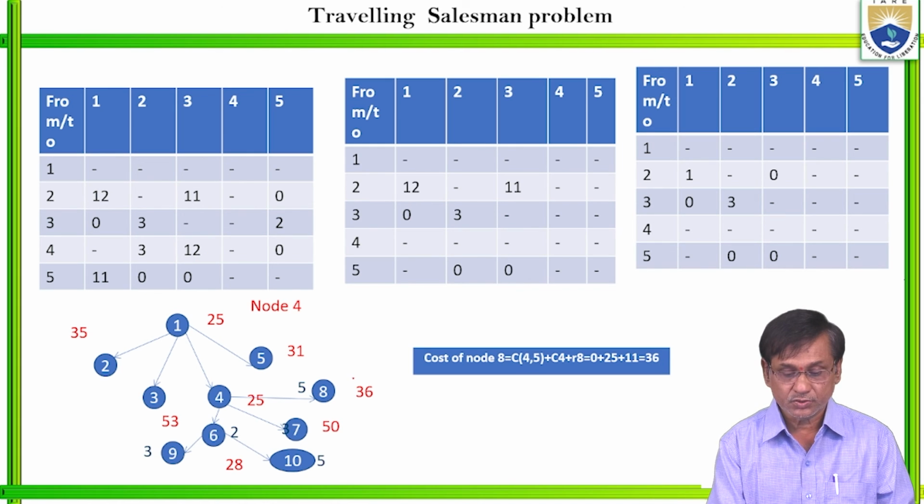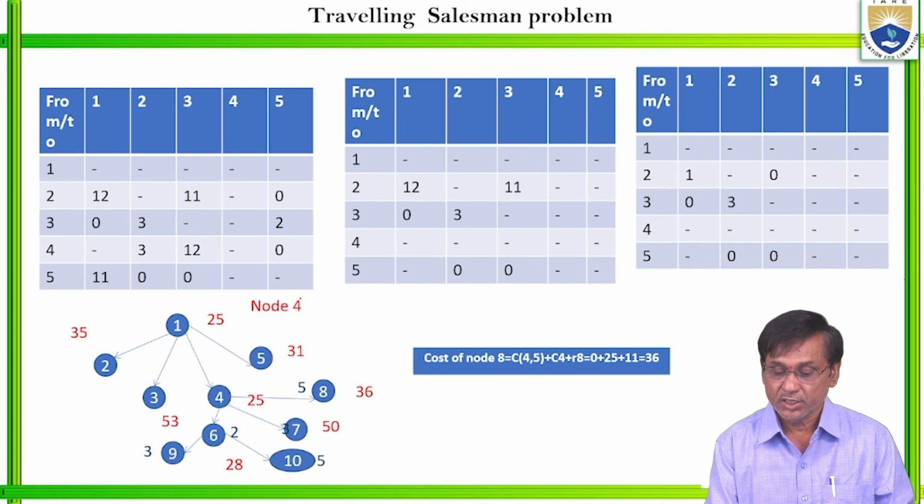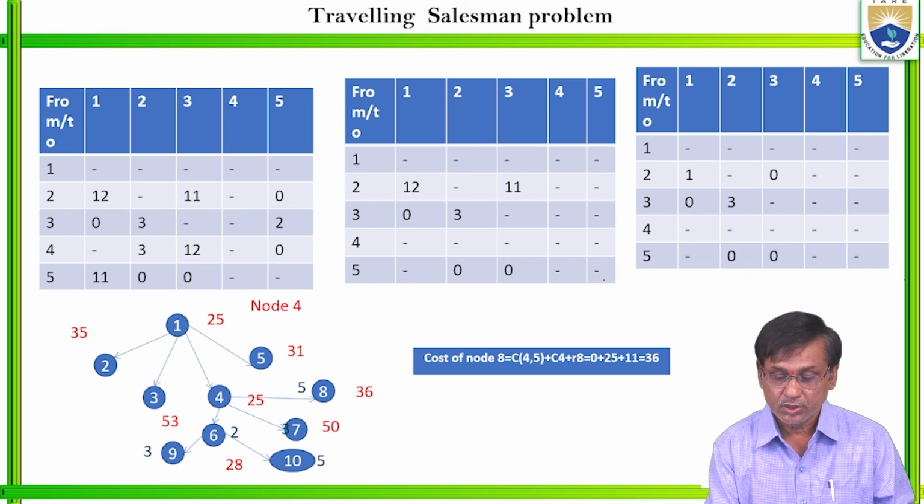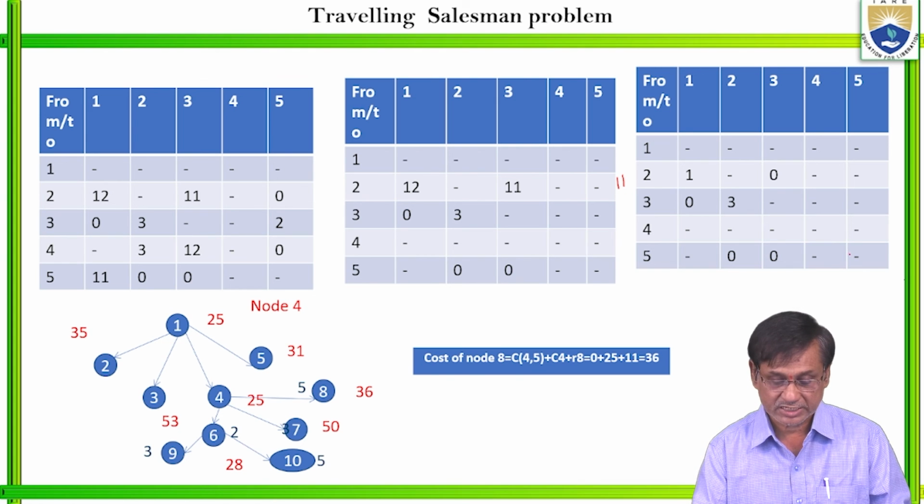This is the modified matrix, and we check, is there any possibility to reduce it? We can reduce it by 11 here, and after this reduction you get this matrix, the reduced matrix corresponding to node 8.